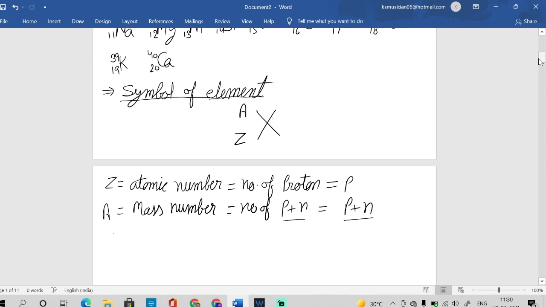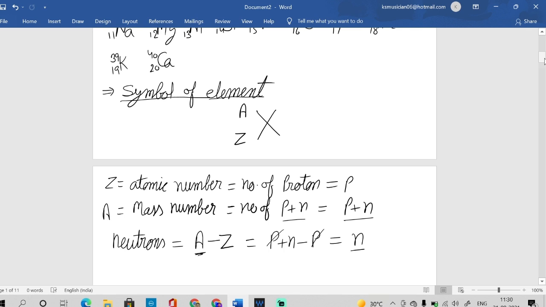It means if you want to know how many neutrons are present in an element, you only have to do A minus Z. A means proton plus neutron, and Z is the number of protons, as you all know. So P will cancel out and you will get the number of neutrons in an element.